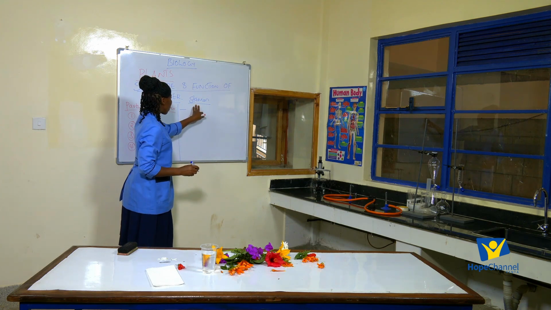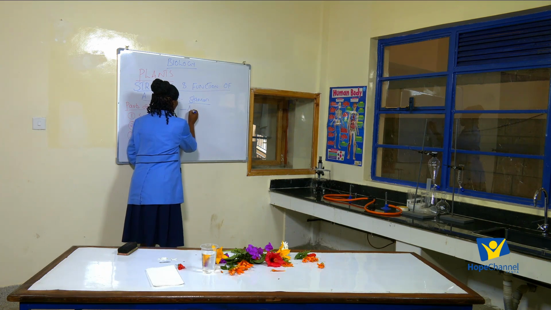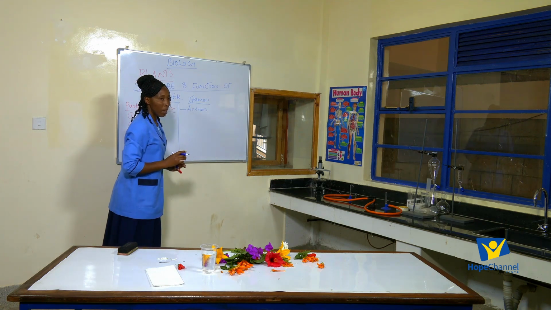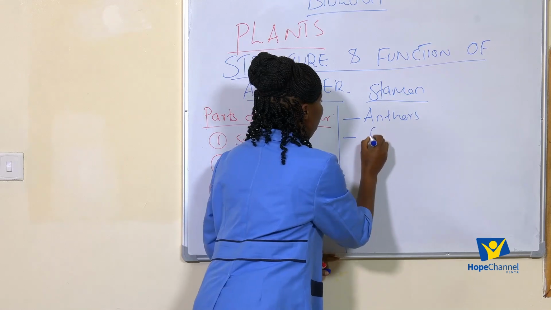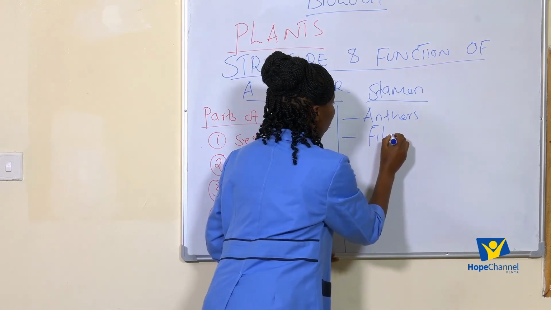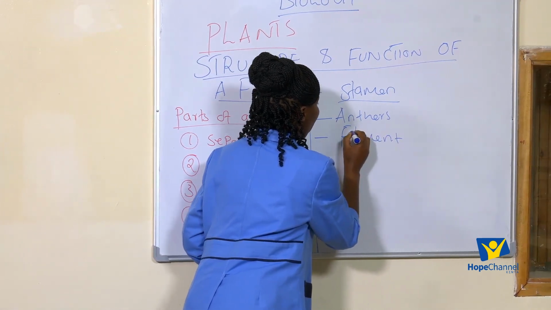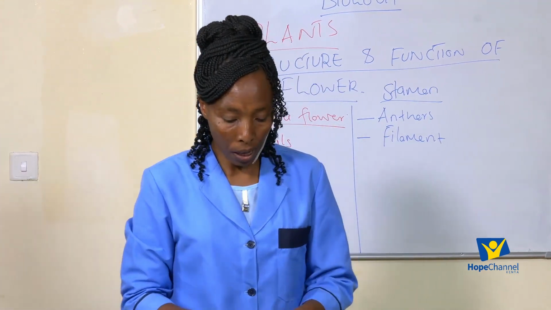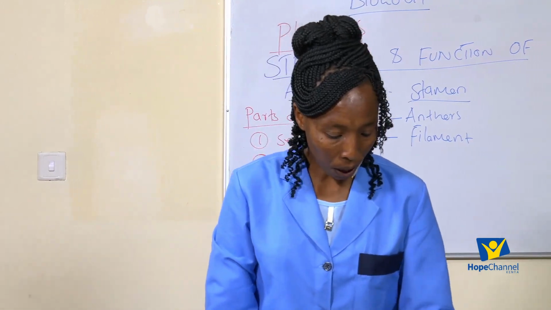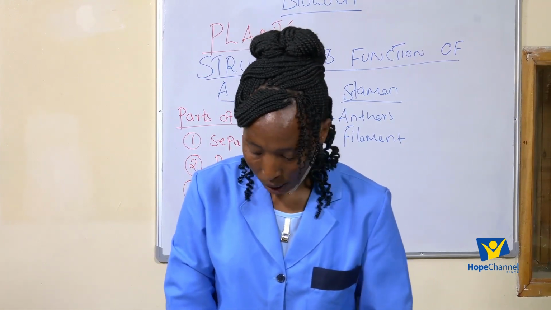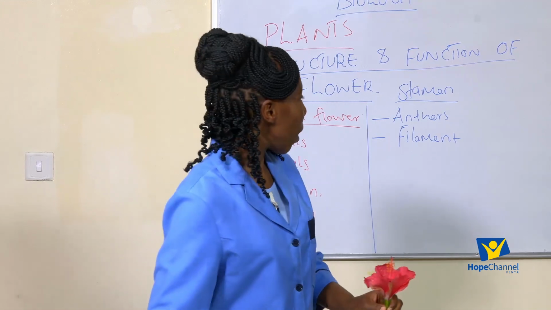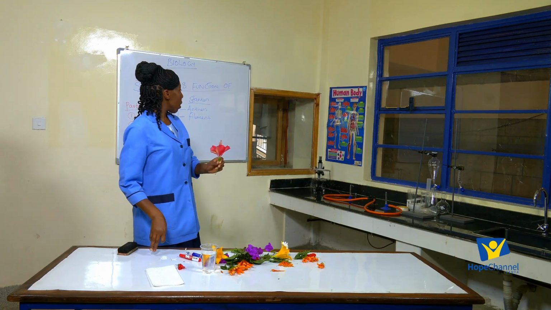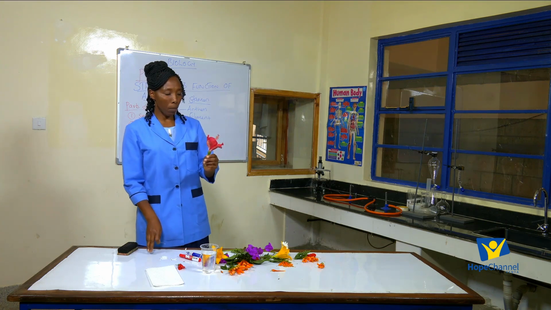Now, which parts represent the stamen? At the stamen, this is where we have the anthers. Okay. At the stamen, this is where we have the what? The filament. Okay. So we want to see those parts of the flower that has the male part. So the male part represents the anthers and the filament.